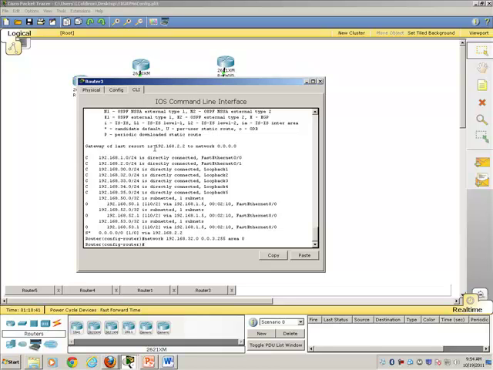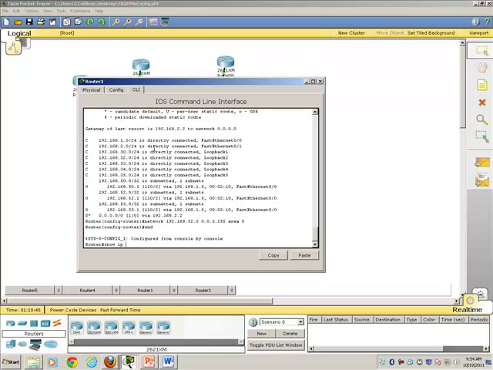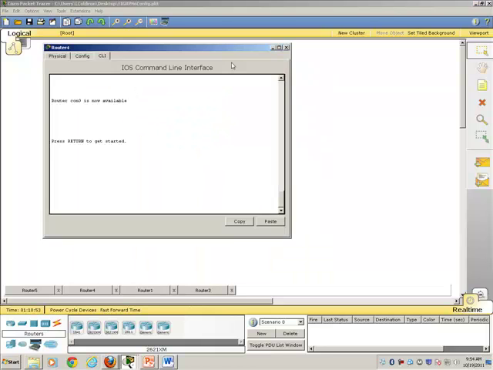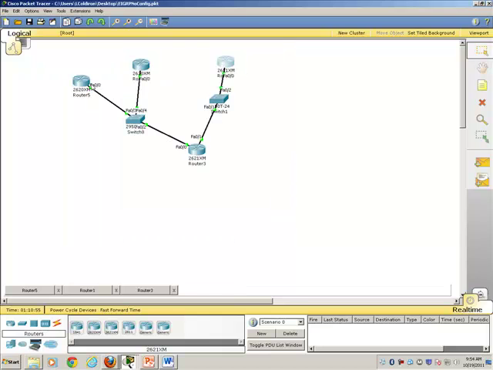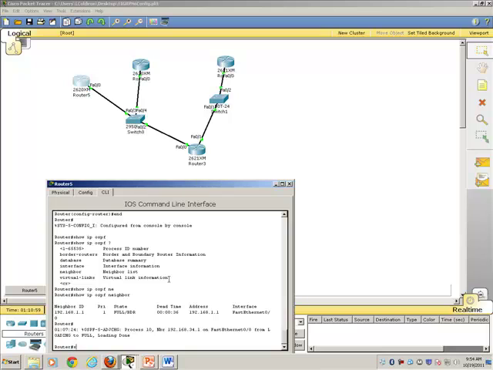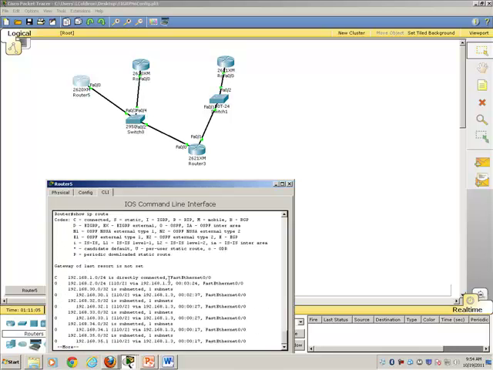That's it for the connected, right? Show IP route, and we have all of those guys. We have the OSPF routes that we're getting. That's probably enough. If we go back to this one, it had a bunch of stuff on it. Then we have the adjacencies. Show IP route.